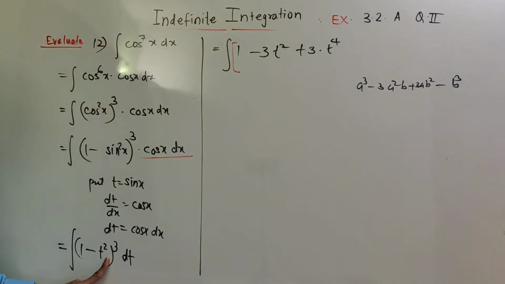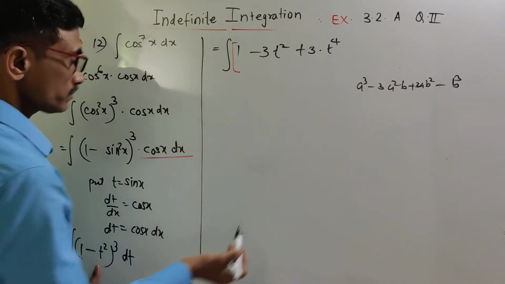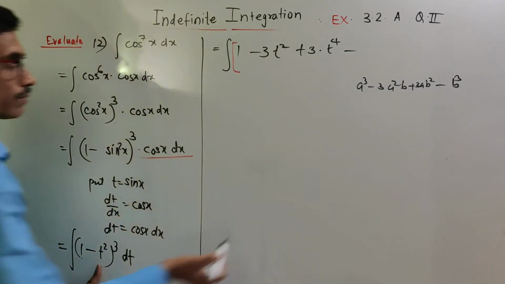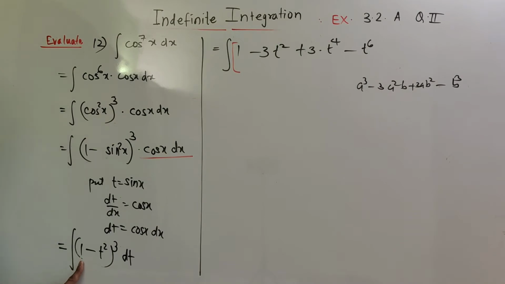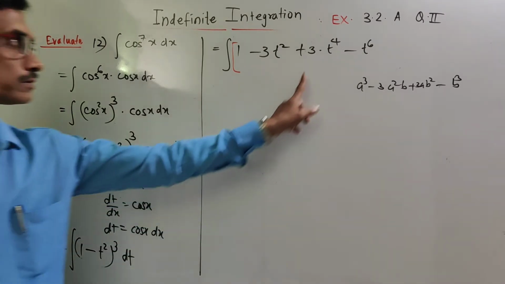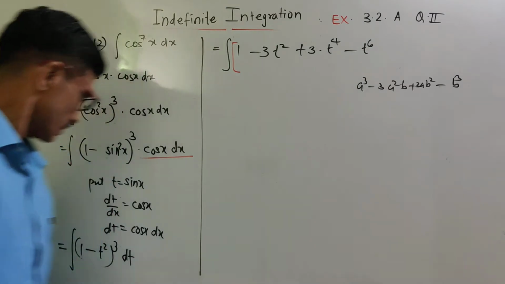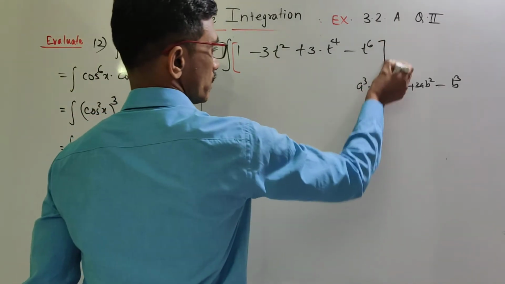Then minus b cube, that is t raised to power 6, dt.